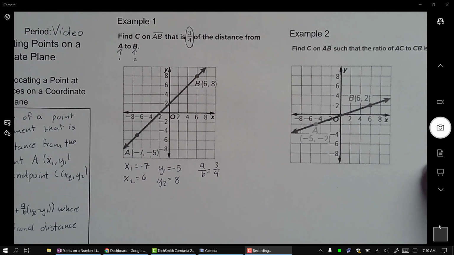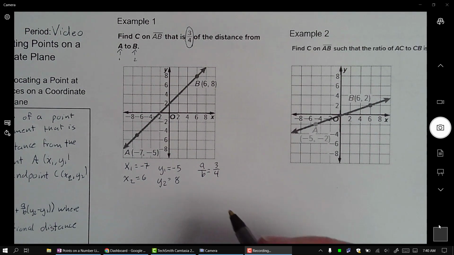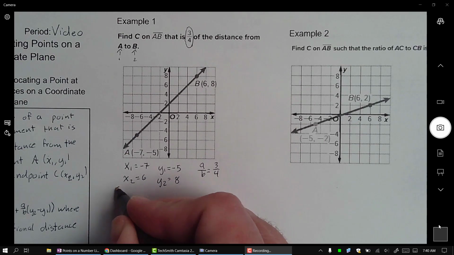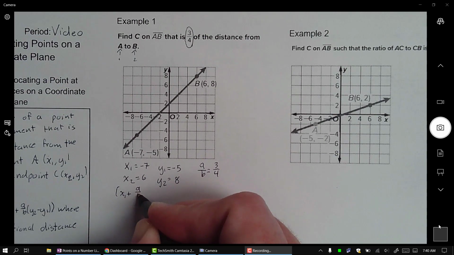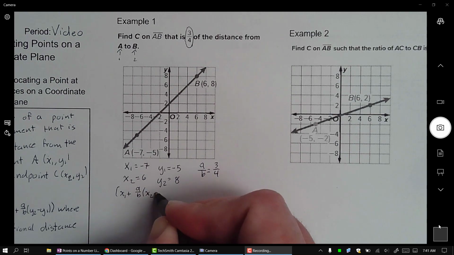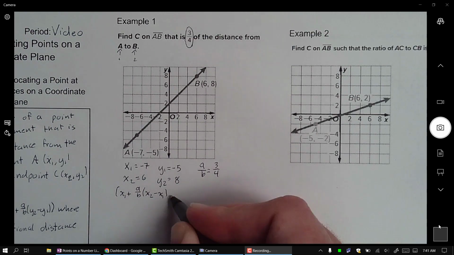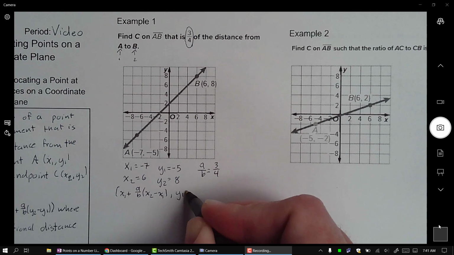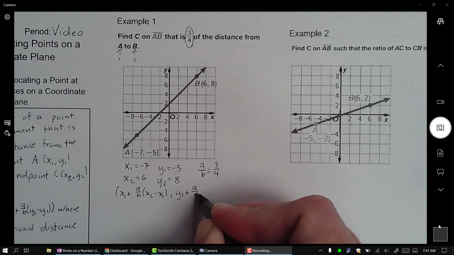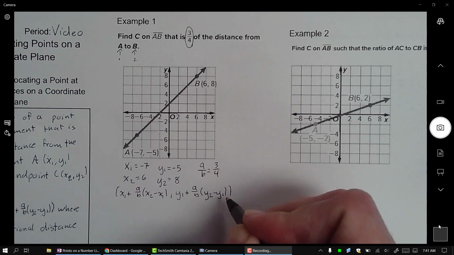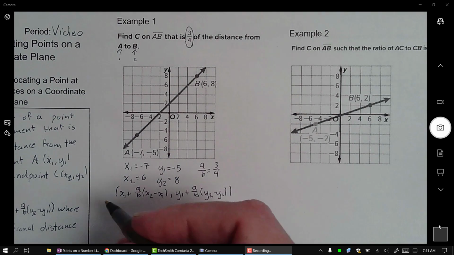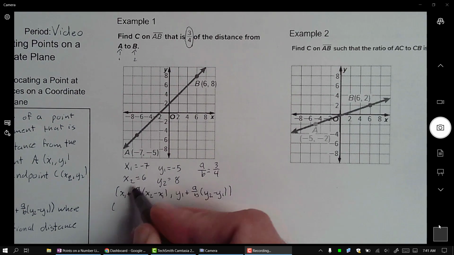Now I can take that and plug it into my formula. So let me write out the formula. So the formula is going to be x1 plus A over B times (x2 minus x1), y1 plus A over B times the difference of y2 minus y1. So let's plug in the numbers that we have. So x1 is -7.